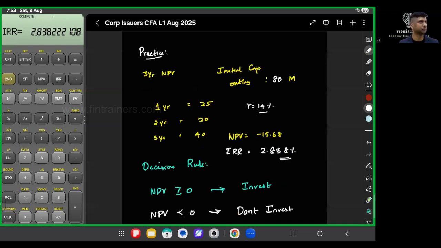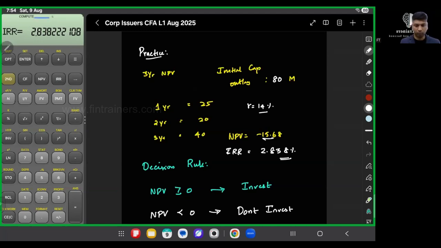When I made my NPV 0 instead of minus 15.68, I'm using a discount rate of 2.838 instead of 14%. When I discount the cash flows at 2.838, my NPV becomes 0. I can even try that. If you go to NPV and instead of 14, I use 2.838, I should be exact, and if I compute it, it's going to be pretty much 0.